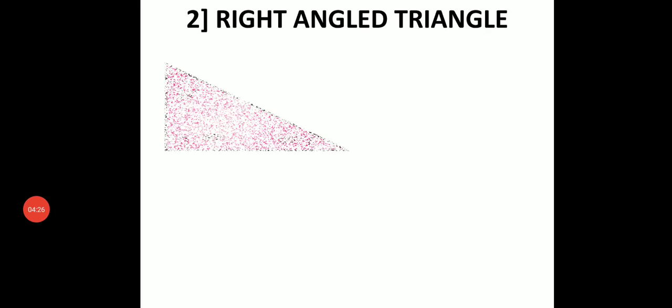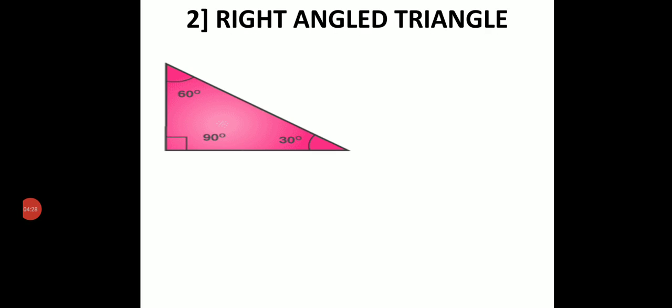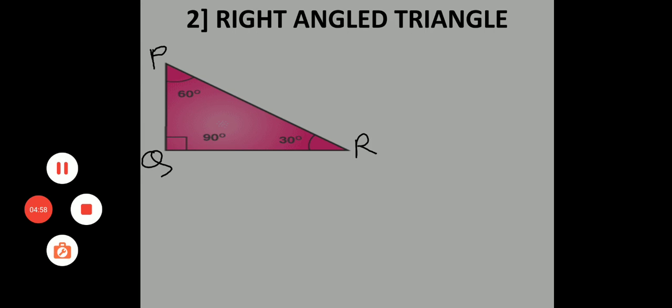So students, when you will observe the first triangle figure, in this triangle PQR, you will notice that measure of angle P is 60 degree, which is less than 90 degree. Measure of angle Q is 90 degree itself, and measure of angle R is 30 degree, which is again less than 90 degree.